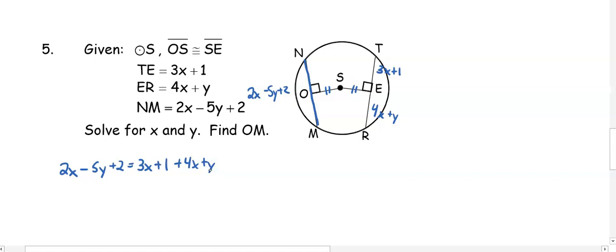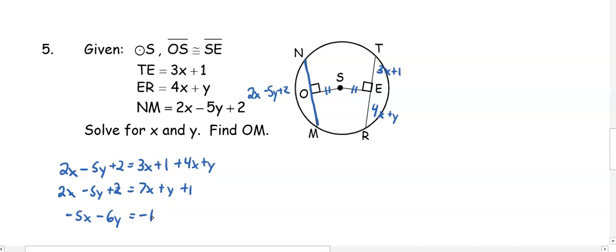So we're going to get x and y to one side and numbers to the other. We have 2x minus 5y plus 2 equals 7x plus y plus 1. We can subtract over the 7x and the y, so we get negative 5x minus 6y, subtract 2 to the other side, so we have equal to negative 1.